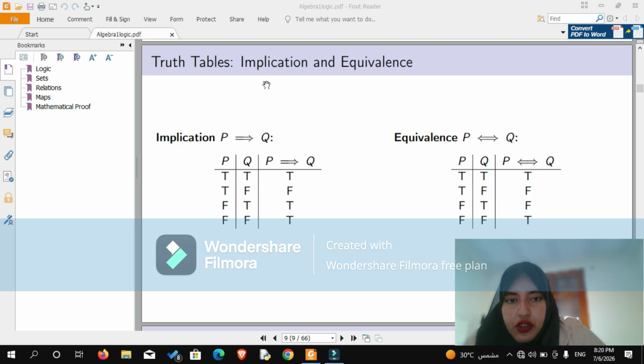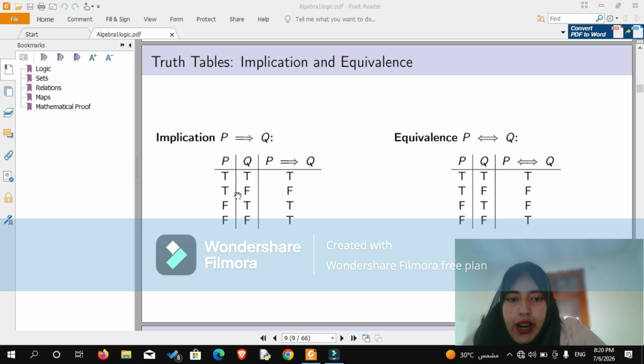Truth table of the implication and equivalence. The implication is, as I said, P bar or Q. P bar is false and Q is true, so it is true.